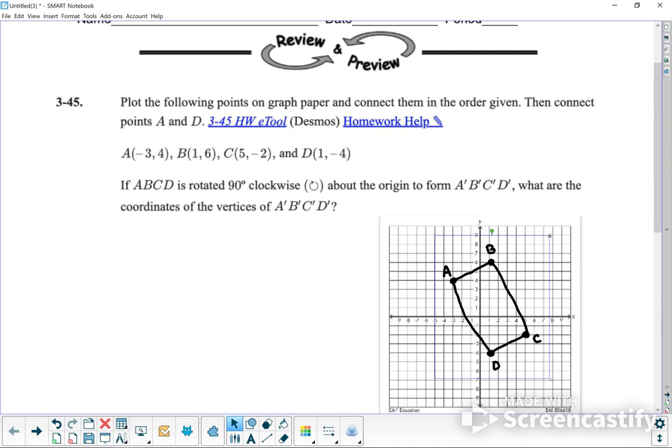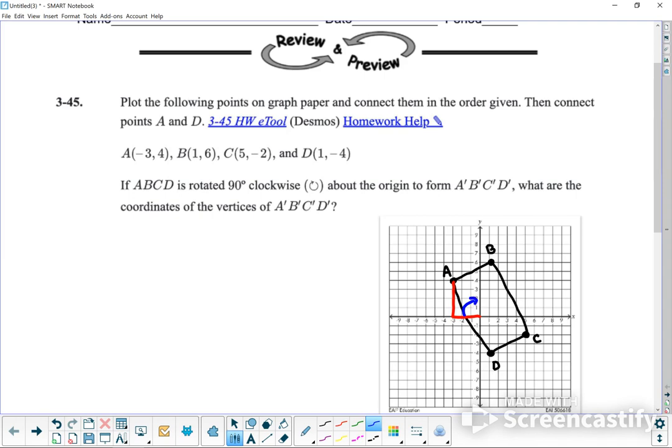So for example, if A is, let's just say A is to the left 3 and up 4. So when I spin it, I need to keep that, but 90 degrees means that this is going to go this direction.